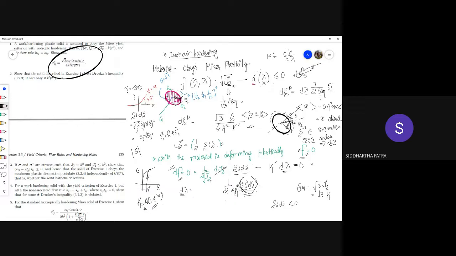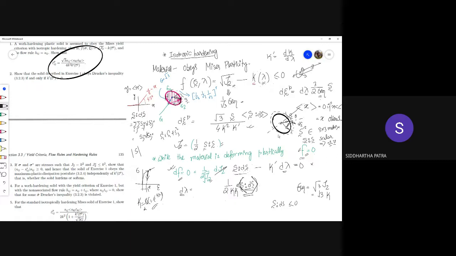So I can have a general expression comprising both elastic and plastic types of deformation. This Macaulay bracket gives you either 0 or a positive quantity. It gives you x when x is greater than 0, and it gives you 0 when x is less than 0. So when whatever is inside the Macaulay bracket is less than 0, your plastic deformation is 0, of course, because in that situation you are unloading, and you are only supposed to get elastic deformation.